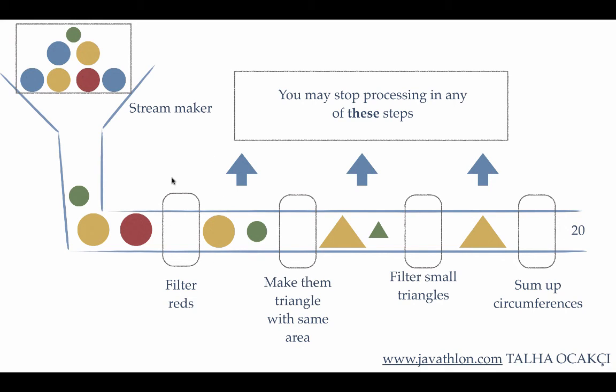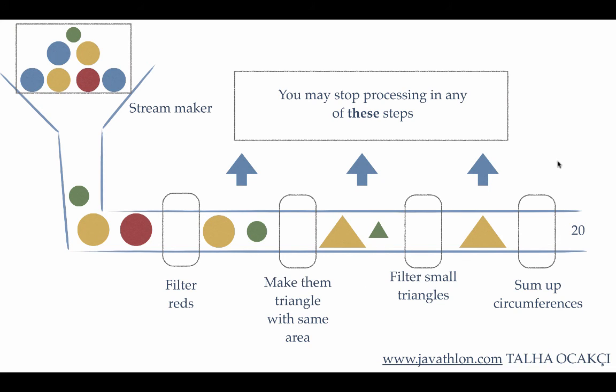Here, each functional interface outputs another stream so that the next functional interface may process the data coming to it. Okay? So the result of this functional interface is a stream, it is a stream again, it is again a stream. While the output is a stream, the processing is not completed yet. But when the result is a collection, such as a map, list, or set, or it is a regular object, the processing is done.